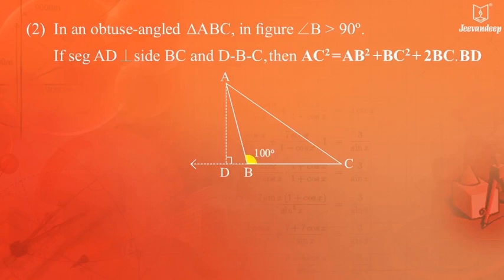2. In an obtuse angled triangle ABC given in figure, angle B is greater than 90 degrees. If segment AD is perpendicular to side BC and DBC is a straight line, then AC square equals AB square plus BC square plus 2BC BD.